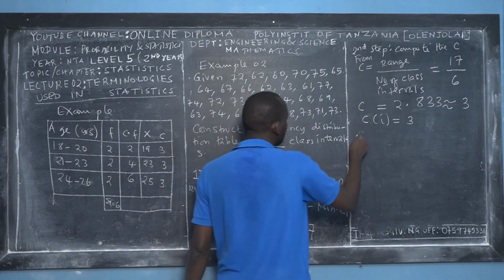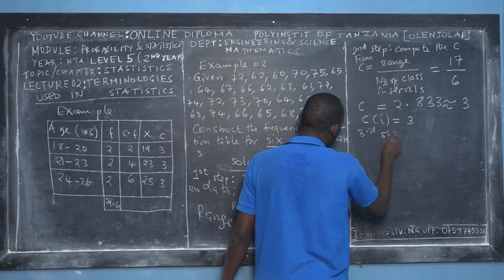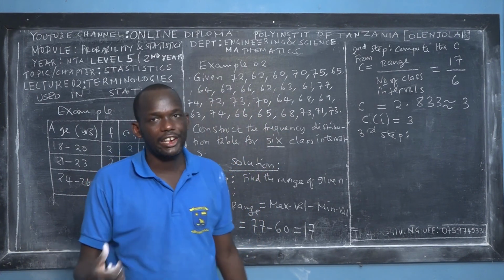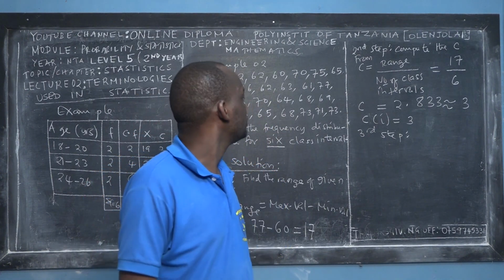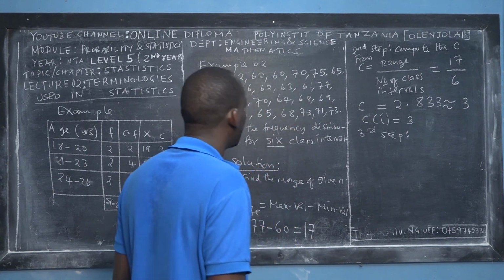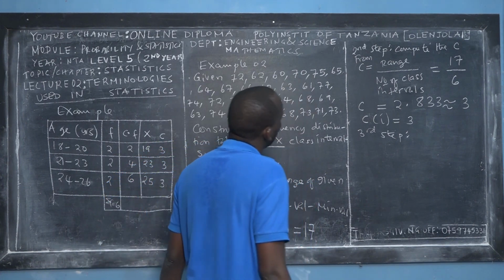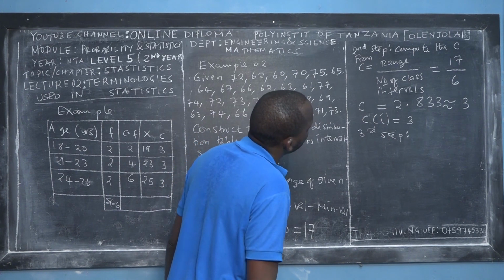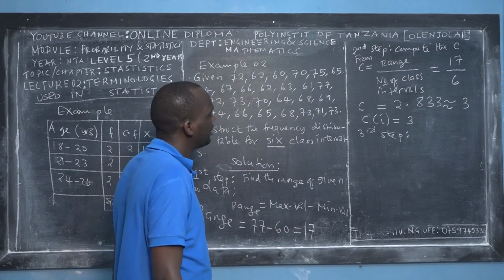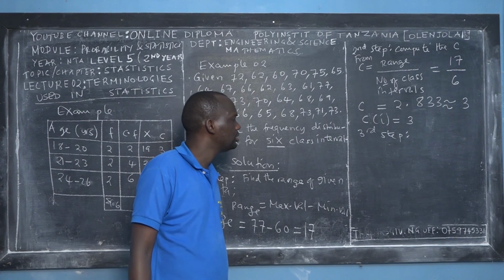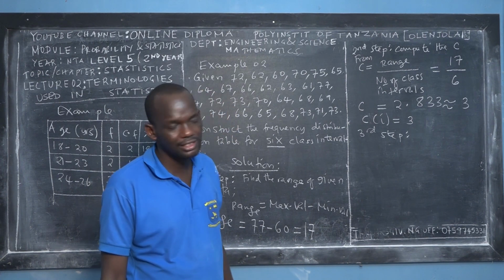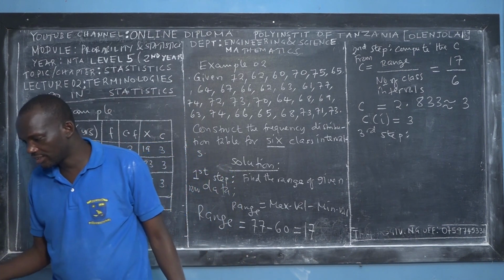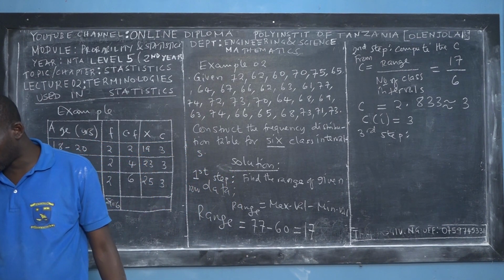And then we go to the third step. After knowing the class size, that's not enough, but it's one stage ahead to the solution. So the next step, now that we know the class size, we have to identify the class, the range of the class interval.